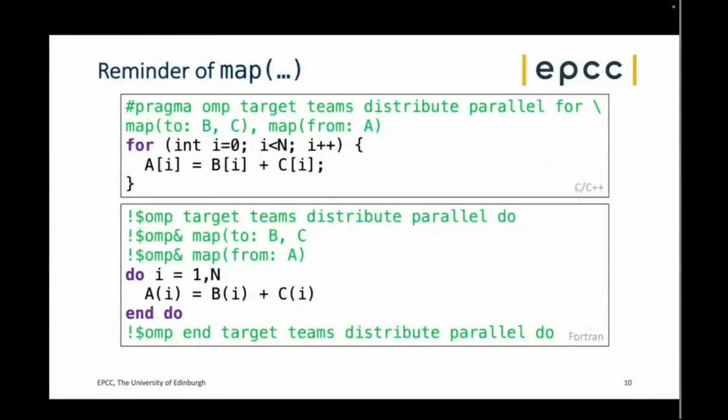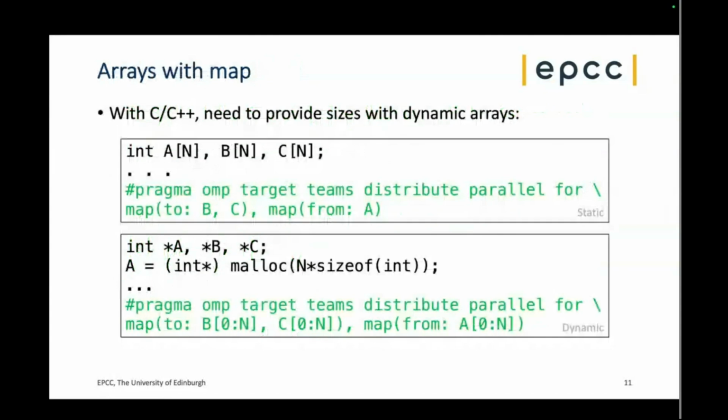This is what it looks like: OpenMP target teams distribute parallel for for all the parallelism, and then the mapping for the arrays. Similar syntax in C and Fortran.